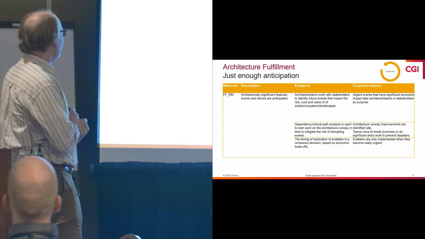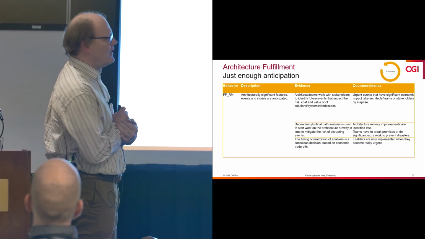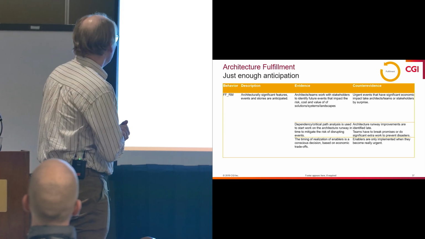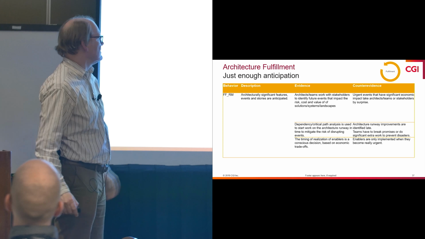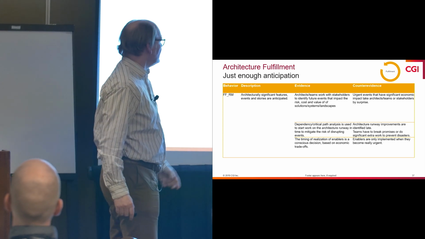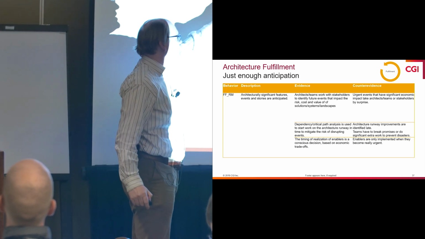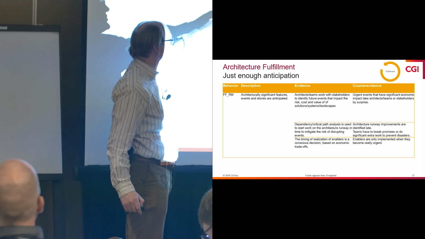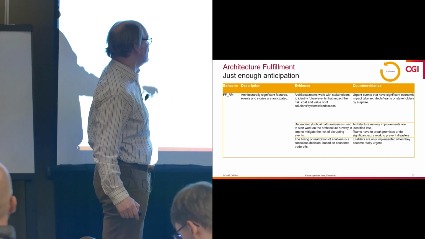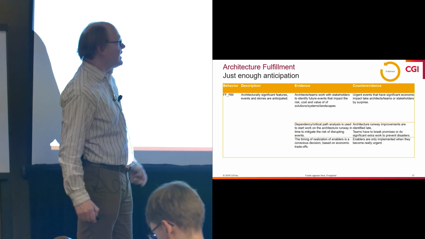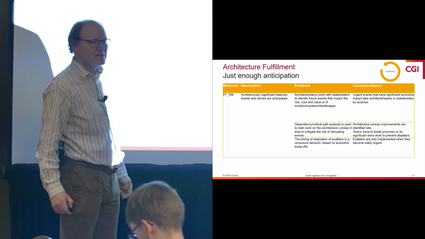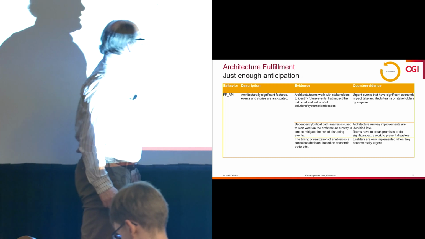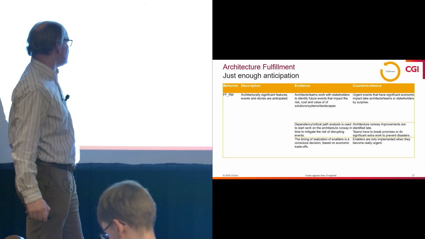Okay, so the final architecture fulfillment behavior is: architecturally significant features, events, and stories are anticipated. We are doing this when teams work with stakeholders to identify future events that impact the solution. Counter evidence: we are not working with them, we just hear it at the last minute, right? Taken by surprise.